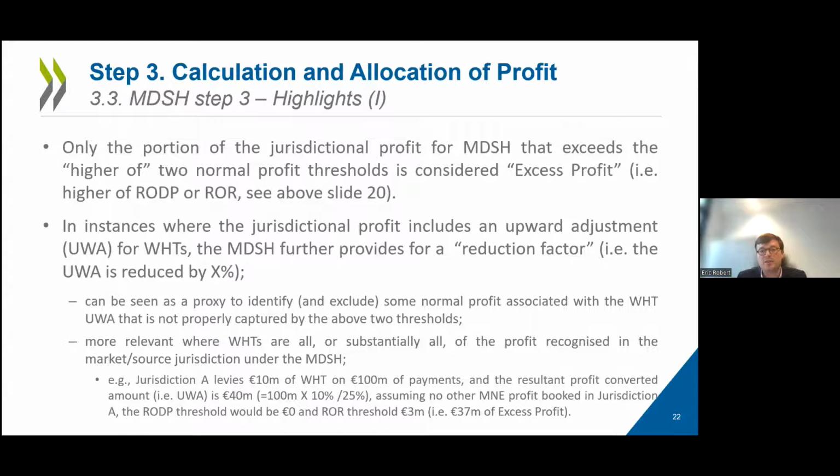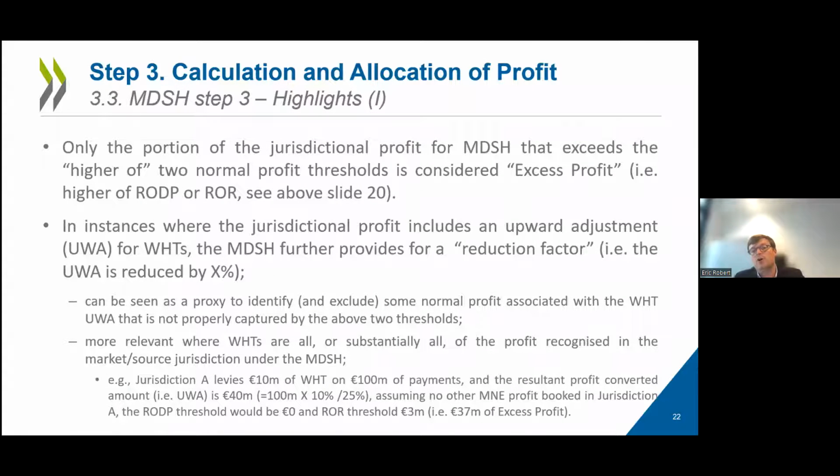Now, if we assume that there is no other profit booked by the multinational in that jurisdiction, so 40 million is the only profit that you recognize in the market jurisdiction under the MDSH, then if you apply the RRDP threshold to that jurisdiction, given that there is no depreciation and payroll associated with this taxing right, you're just going to have a zero normal profit to subtract from your jurisdictional profit.